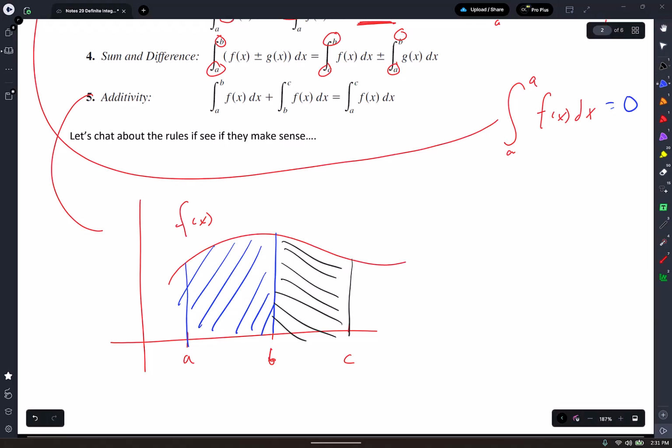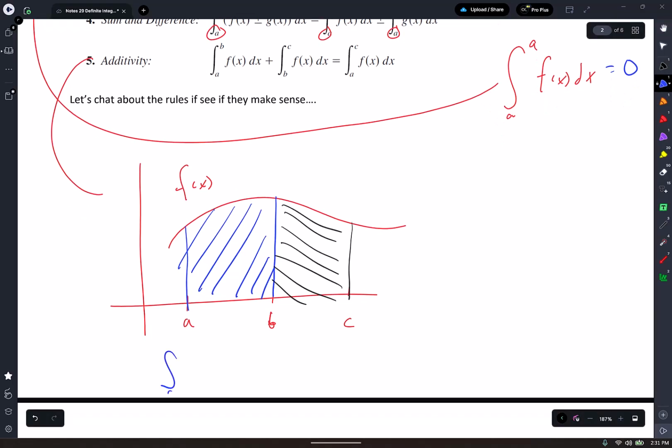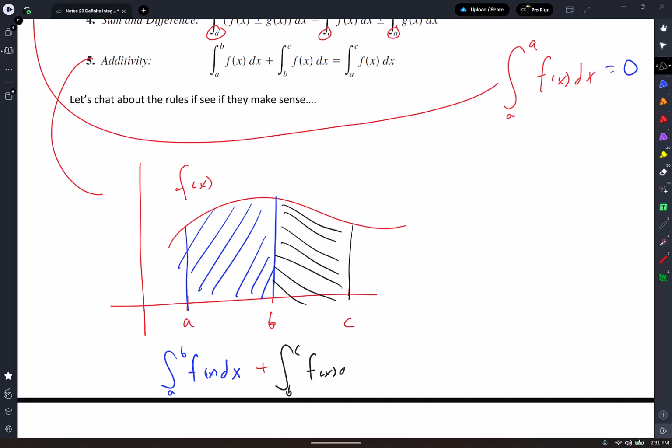So blue, I'm going to write the integral from a to b of f of x dx. That's what the area under the blue is. Plus, red is neutral because red is just my x-axis, y-axis, and the curve. Plus whatever I have in black, the integral from b to c of f of x dx. And what does that give me? Well, let's see. Now slow down.